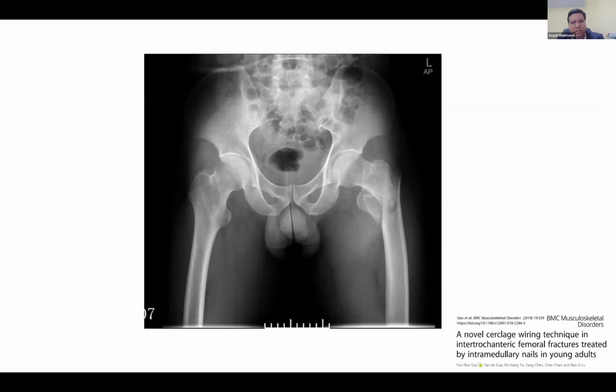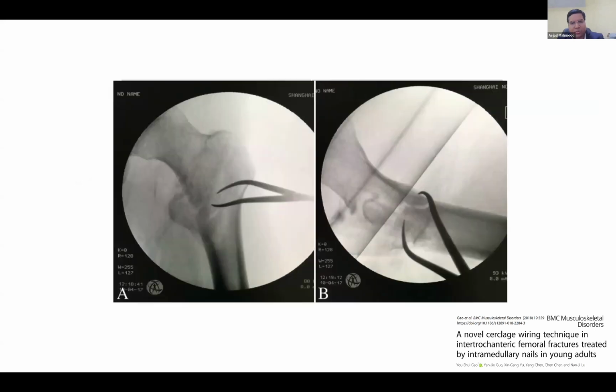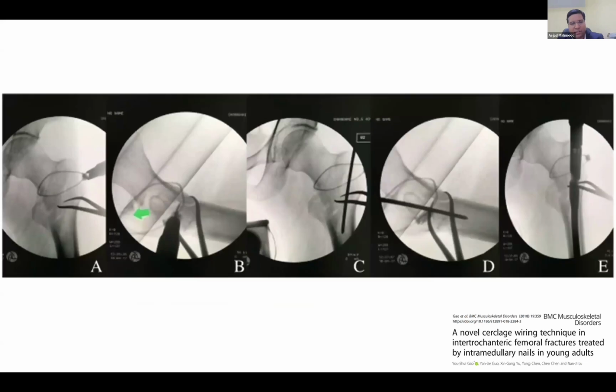This is one of the cases described by Yu Shi Gao in a paper. They used a cerclage wire technique in these unstable types of fractures. They first applied the clamp and then applied the cerclage wire. We should remember that we have to apply the cerclage wire before doing the nailing or before inserting the guide wire.